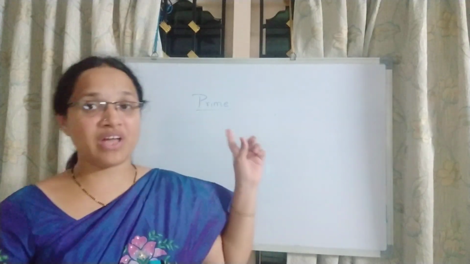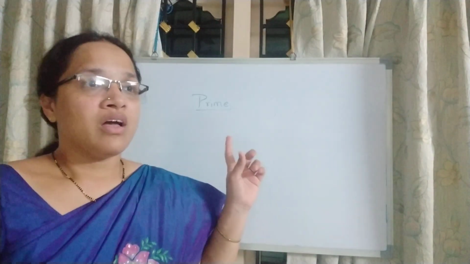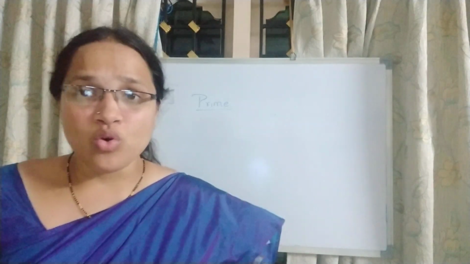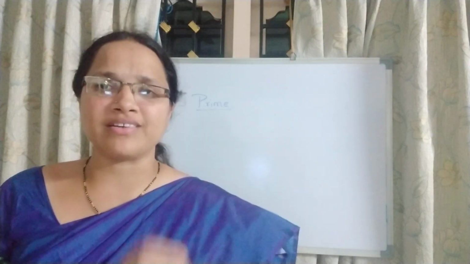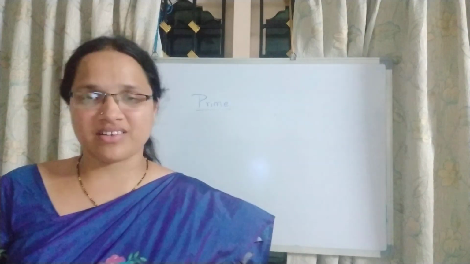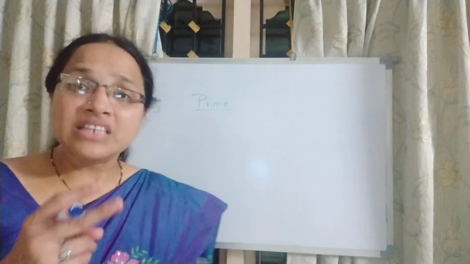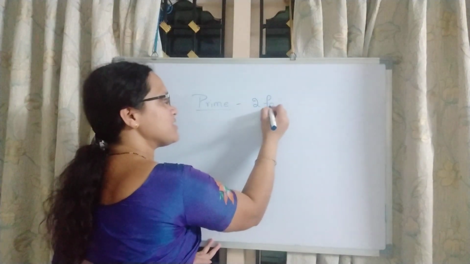First, let us learn about prime numbers, right? Prime numbers are those which, very simply in a word, have only two factors. Prime numbers are those which have only two factors, right? Very simply, only two factors.